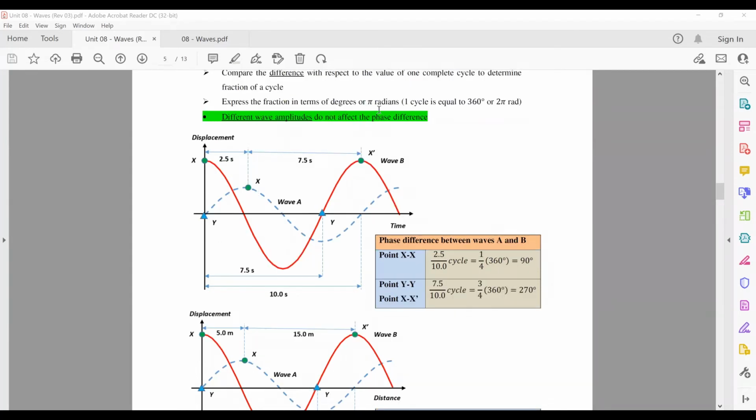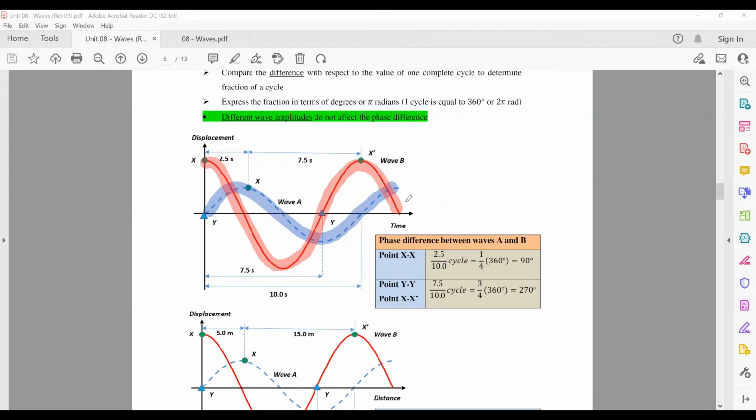All right. So notice that they don't have the same amplitude, but that one is not an issue because amplitudes being different does not affect phase difference. Okay, so right now you have the two different waves here. Right now, I want to determine the phase difference between these two waves.